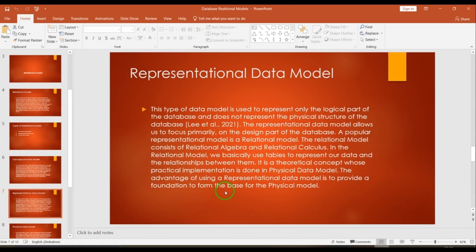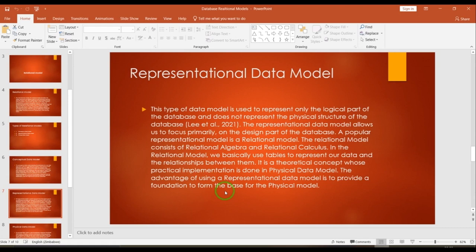A popular representational model is the relational model. The relational model consists of relational algebra and relational calculus. In the relational model, we basically use tables to represent our data and the relationships between them. It is a theoretical concept whose practical implementation is done in the physical data model.